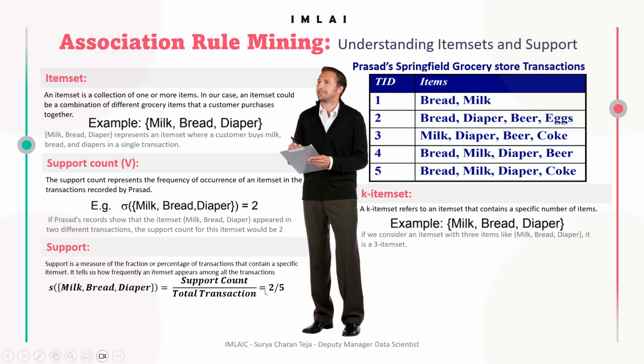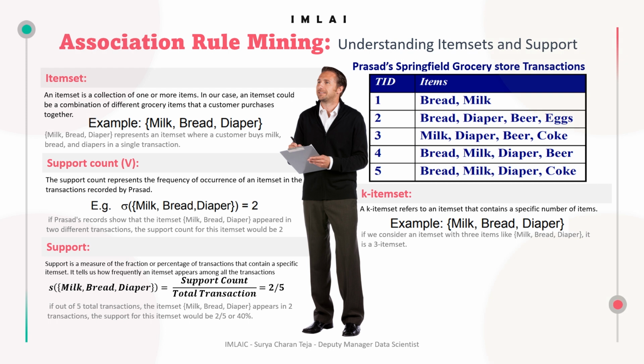So 2 divided by 5 is 40 percent, and the support is 40 percent, and that's how we calculate support.